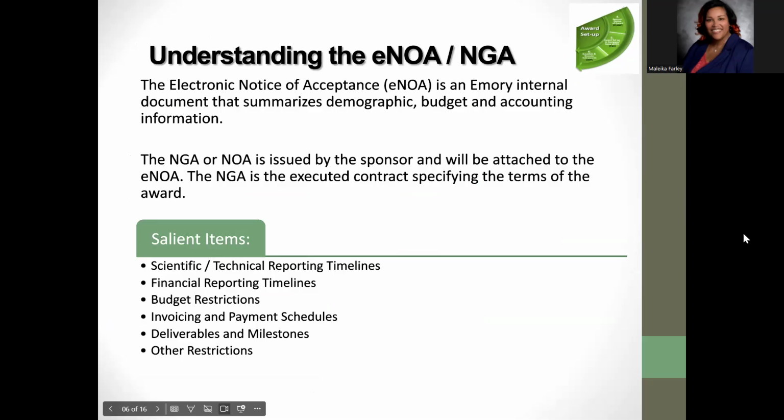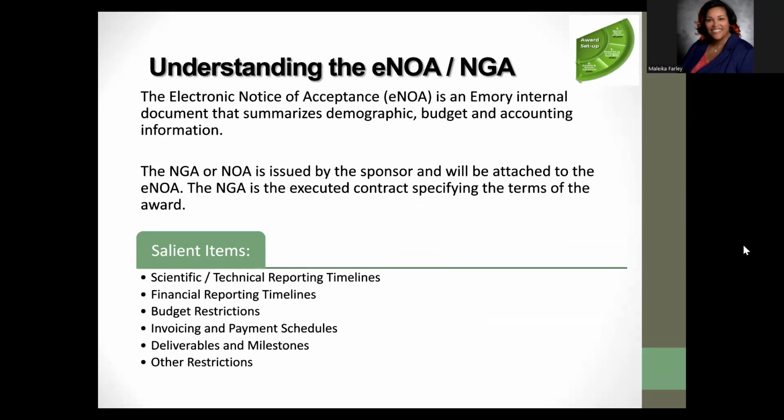So at Emory, when we get a notice of grant award from a sponsor, like Malika just outlined, OSP sends it along to our award setup team. They do their magic inside of our system, and they create an account for that award. As part of that, they generate a document called an ENOA. That is our internal document that gives us all sorts of information about this funding stream.